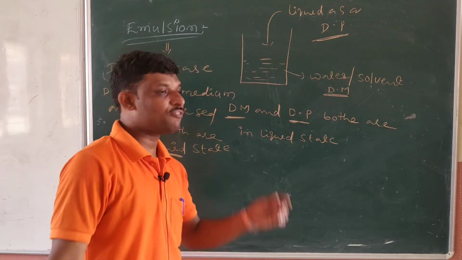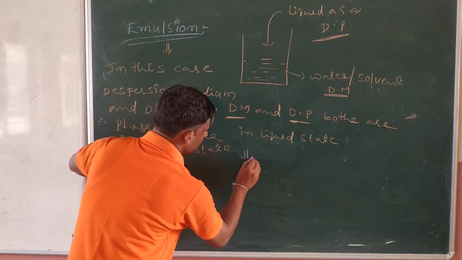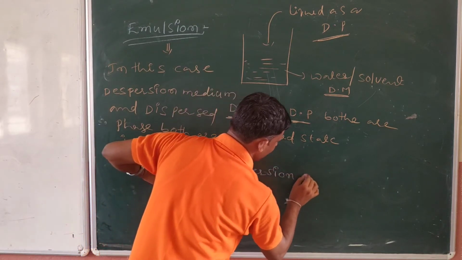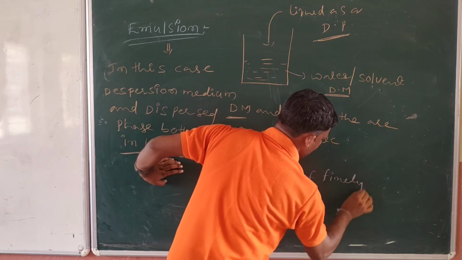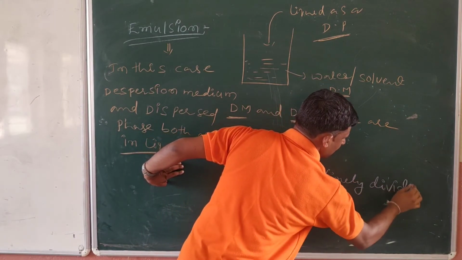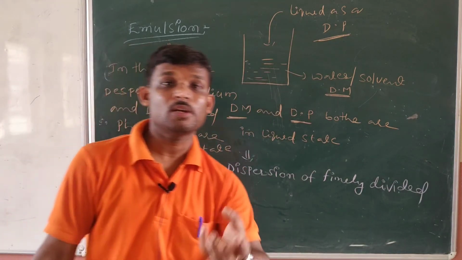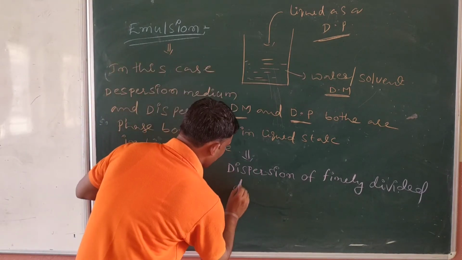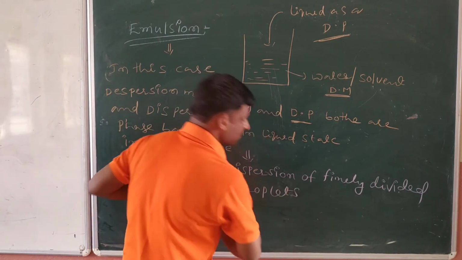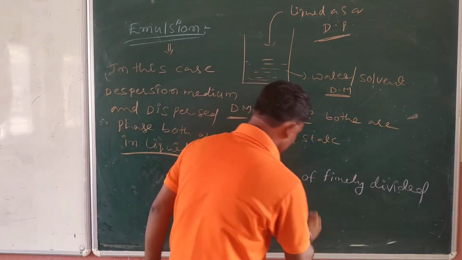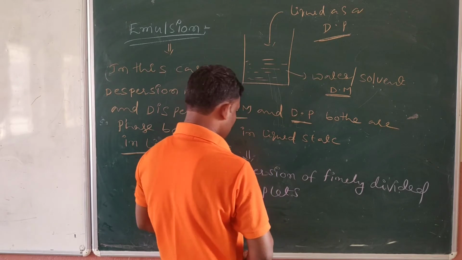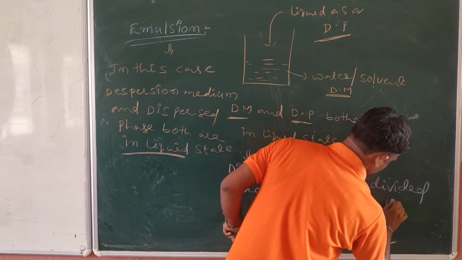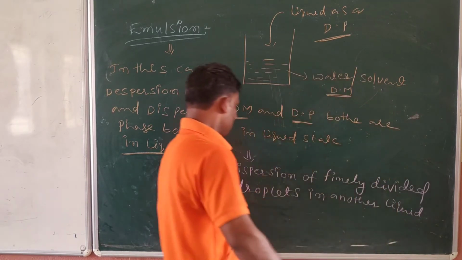In the system, there is a dispersion of finely divided droplets in another liquid. Here there is no solid, only liquid. So dispersion of finely divided droplets in another liquid takes place.